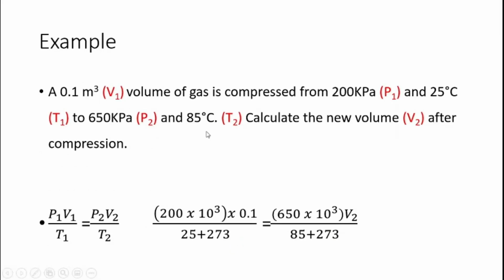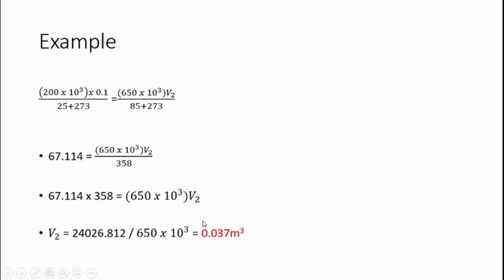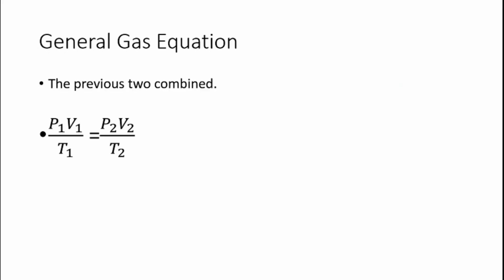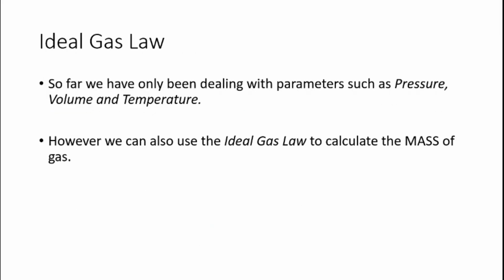So the volume of the gas when I compress it, and it comes to that temperature and that pressure, the new volume is 0.037 cubic meters. So that's an example of using the general gas equation, P1 V1 over T1 equals P2 V2 over T2. I'll do some more examples on this for a bit of practice.